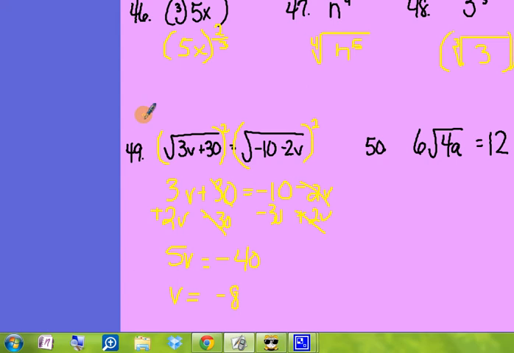Let's check it. Does 3 times negative 8 plus 30, 3 times negative 8 would be negative 24. Negative 24 plus 30 is the square root of 6.